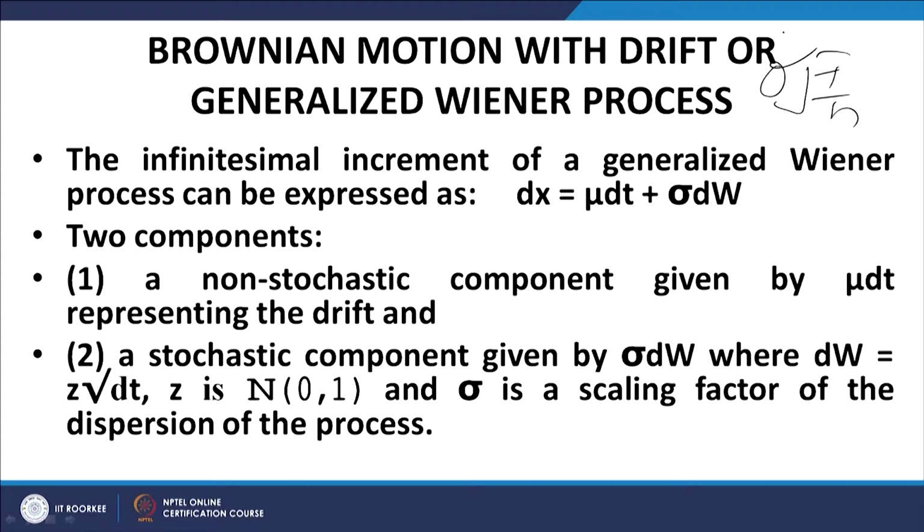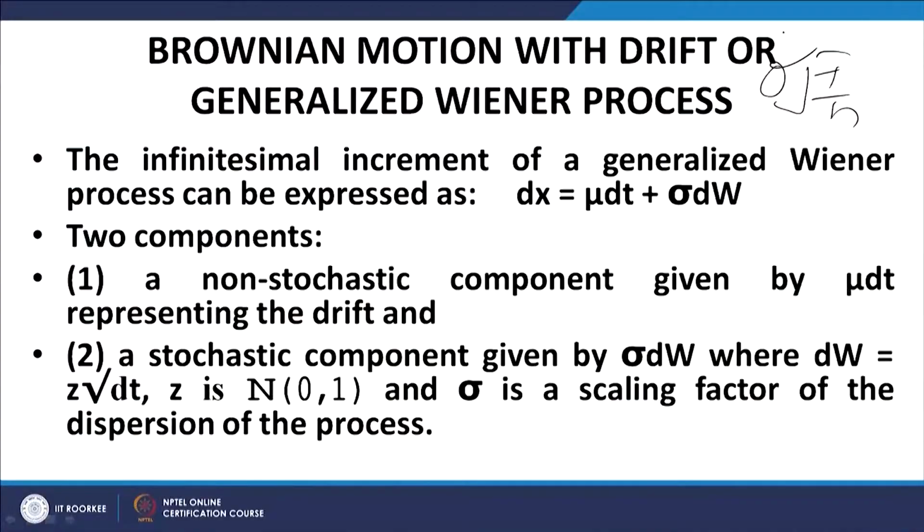By adding this factor sigma, we are able to adjust or manipulate the dispersion of the data on which we want to fit the Brownian motion or which we want to describe by the stochastic process using Brownian motion. So, by introducing the sigma, any real value, you can adapt the concept of Brownian motion to fit a variety of data.